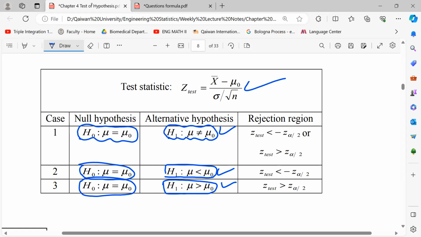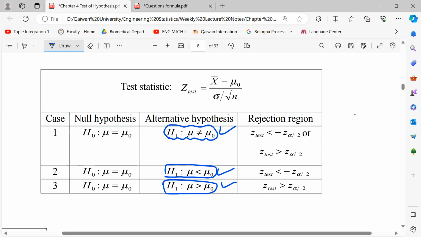Then we say if z-test is less than minus Z of alpha over 2, or z-test is greater than Z of alpha over 2. As I said, we have two hypotheses, H0 and H1. H1 is the alternative hypothesis.